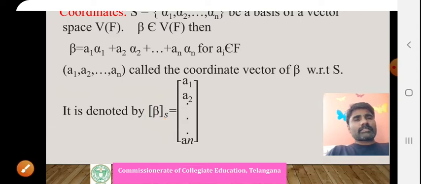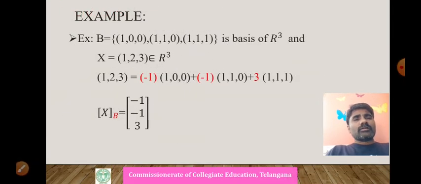Now let us take one example. Suppose B equals (1 0 0), (1 1 0), (1 1 1) is a basis of R cube, and let us take a vector x equals (1, 2, 3) belonging to R cube.